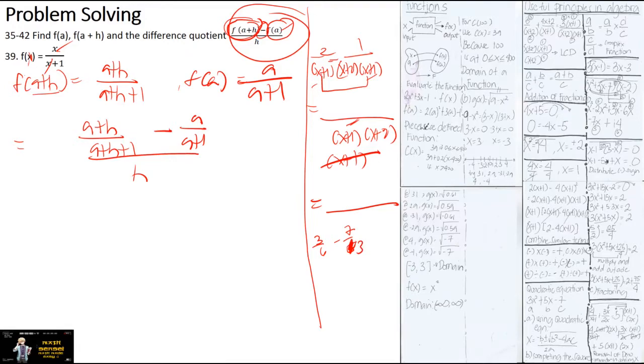Sabi ng teacher namin nung elementary, ito 6. Ang factors niyan ay ano? 6 is equal to 3 times 2. And then no, mali. I'm sorry.